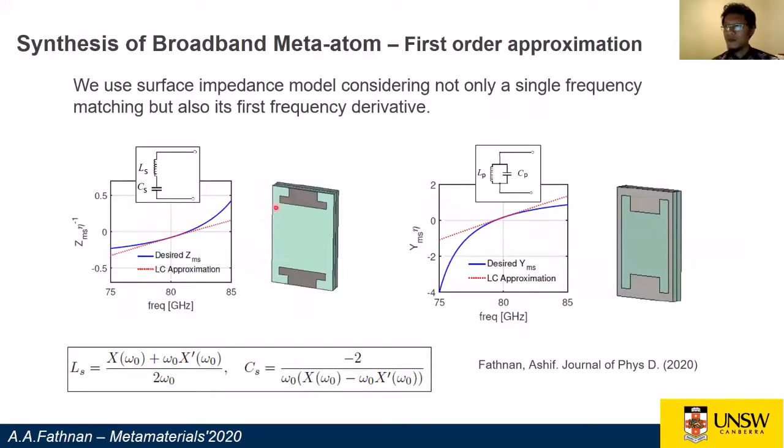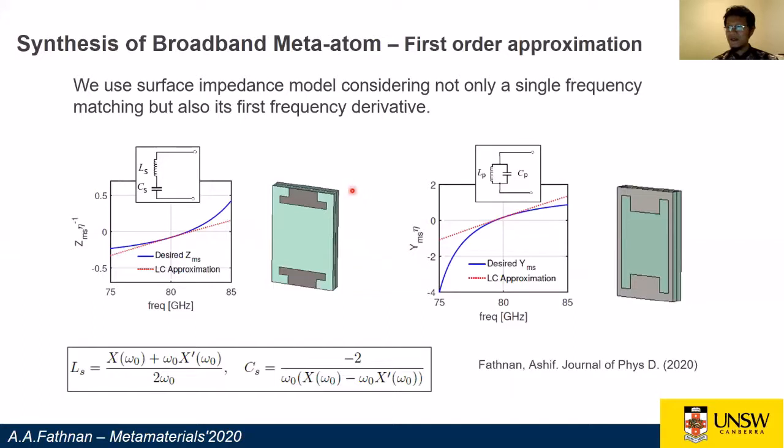What we propose to obtain this Q factor controllability, and therefore a broadband metasurface, is by using a first-order approximation to the surface impedance. Here we see that a meta-atom, represented as a surface impedance, can be fed into a simple LC resonance circuit, either in series or parallel configuration.